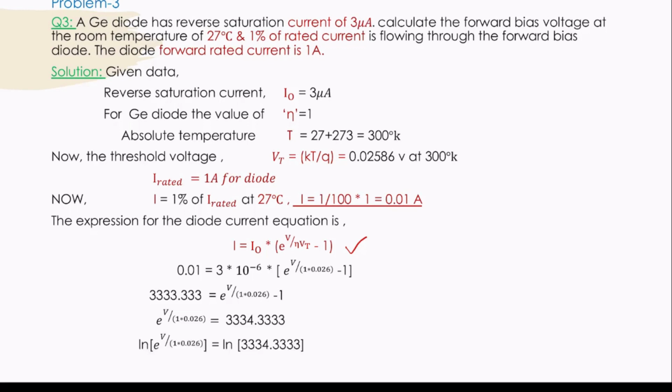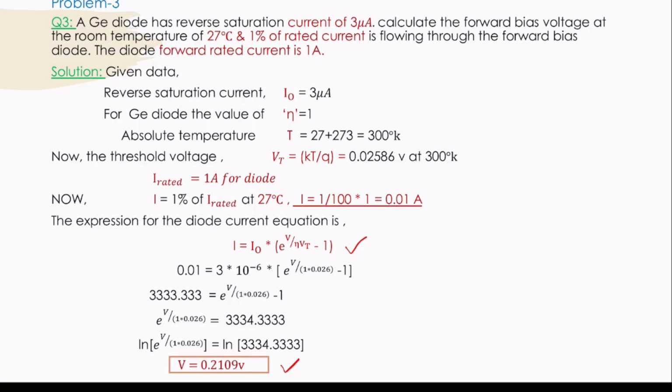Applying log on both sides, we get logarithm of e to the power of V by 1 into 0.026 is equal to logarithm of 3334.3333. Finally, we get the value of forward bias voltage V is equal to 0.2109 volts.